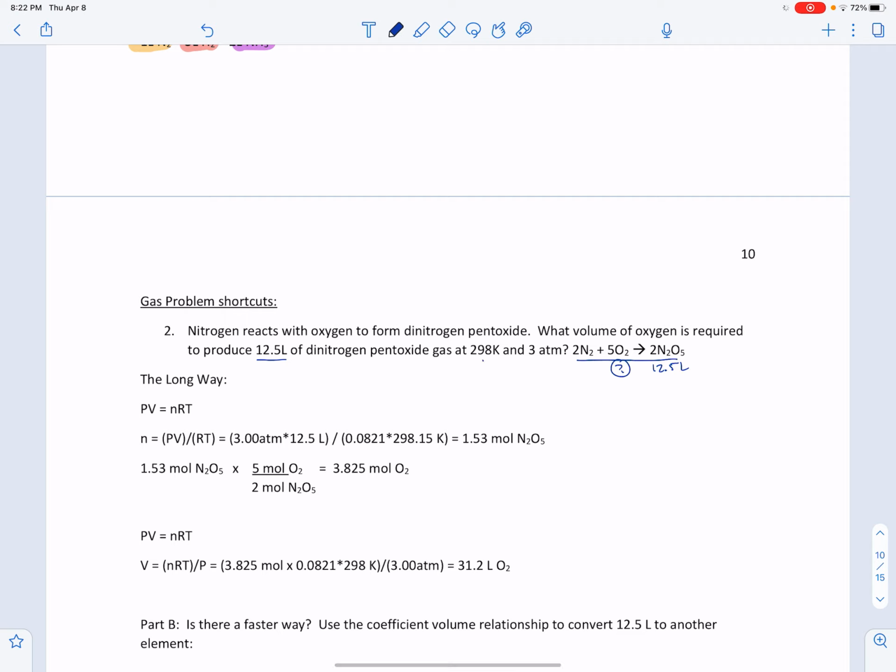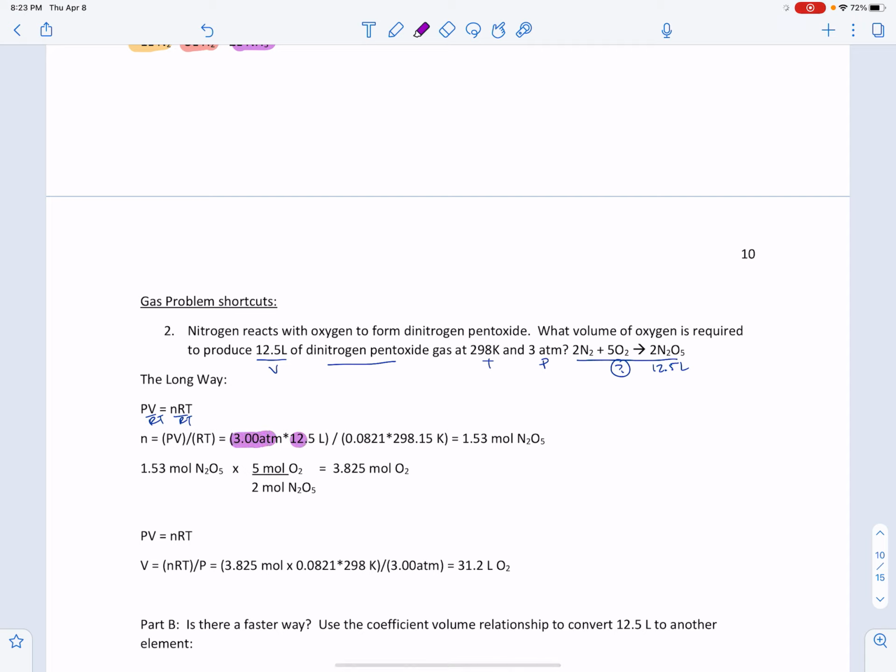Notice that we have a temperature, and we have a pressure, and we have a volume. So the long way, again, is to begin with what you know, which is that dinitrogen pentoxide. Divide both sides by RT. And we can take the numbers from the problem. So we have our pressure, which is 1 atm.